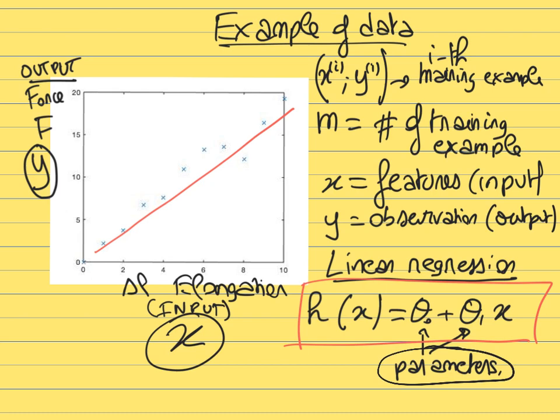So you want to find the best value of theta naught and theta 1 that gives you the best possible model. And the best possible model is when the hypothesis H is as close as possible to the observation.